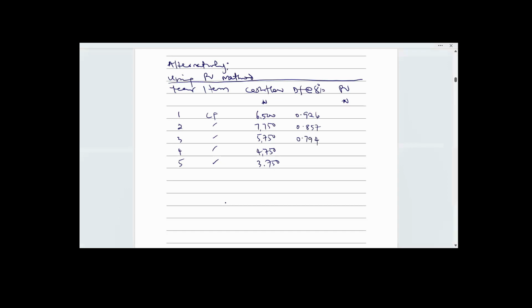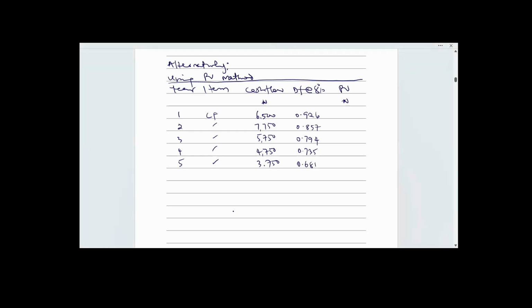Year 4, 1.08 raised to power 4 minus equal 0.735. Year 5, 1.08 raised to power 5 minus equal 0.681.